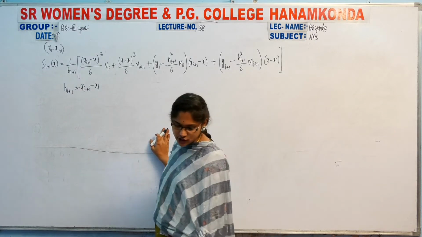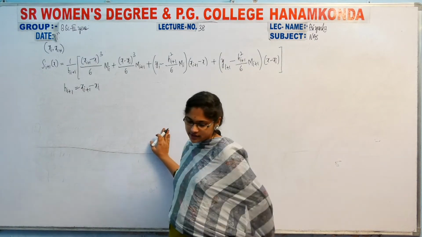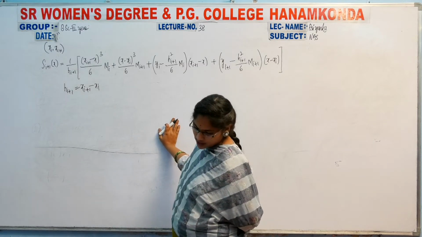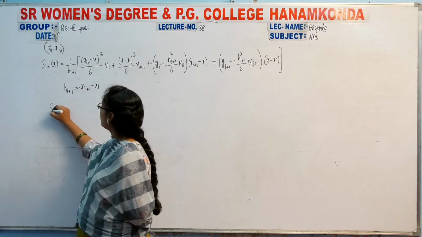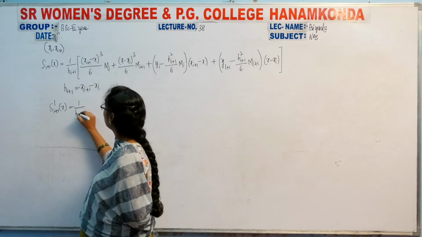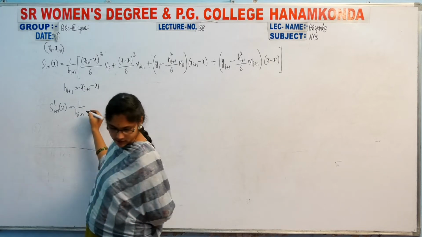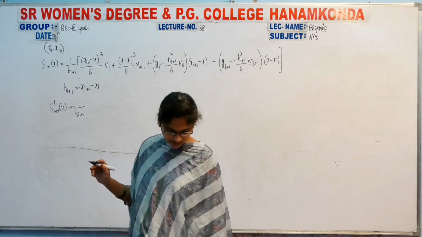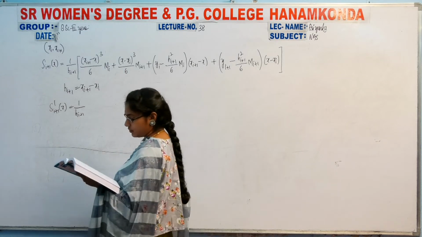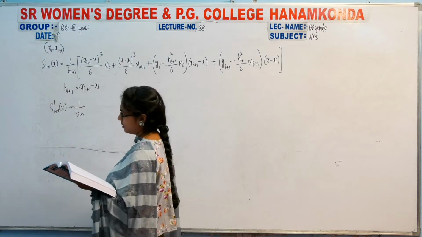Okay, now write down. If we differentiate it with respect to x at x equal to xi, then we have, write down, at x equal to xi.